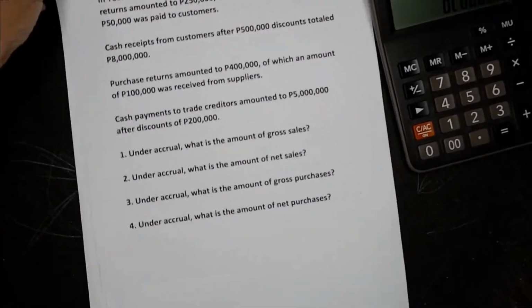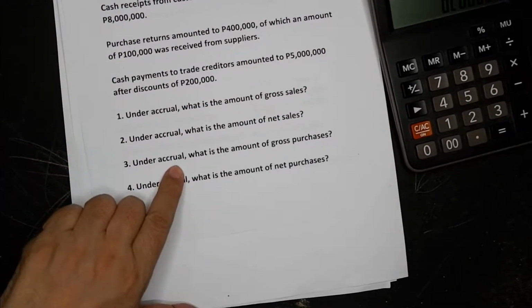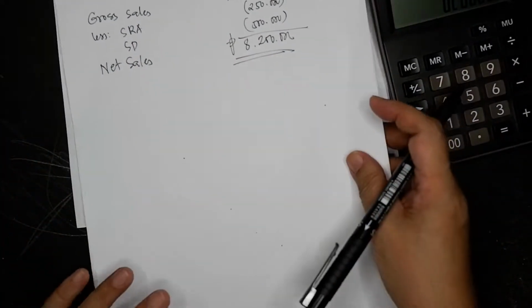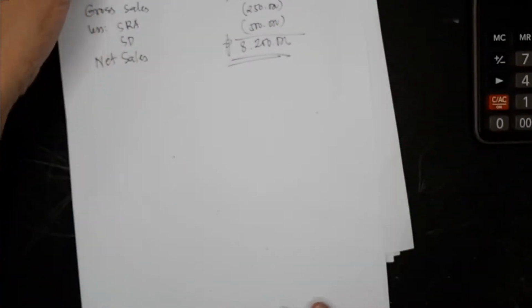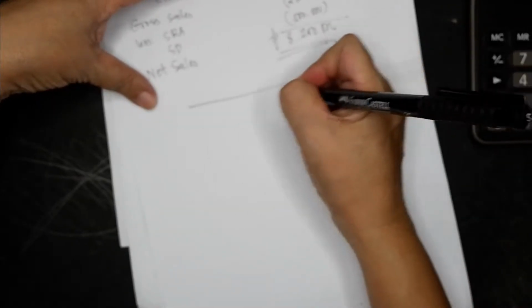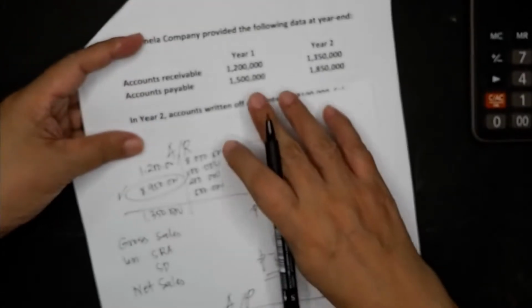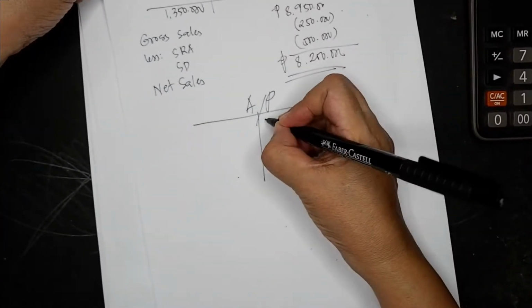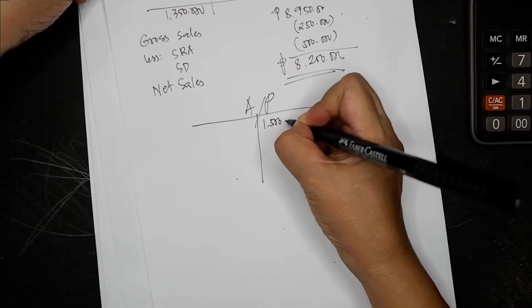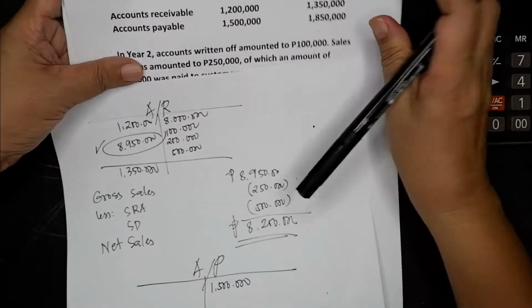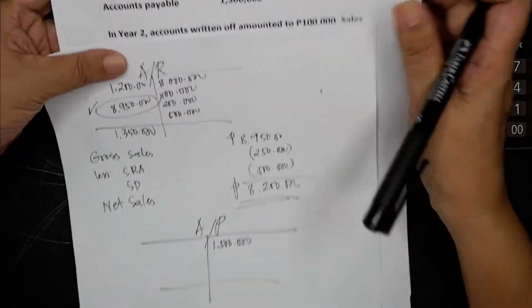Okay. The next question, under accrual, how much is our gross purchases? When it's gross purchases, what we look at is accounts payable. Our accounts payable is 1.5 million at the beginning. So we have 1,500,000 beginning, and the ending is 1,850,000.